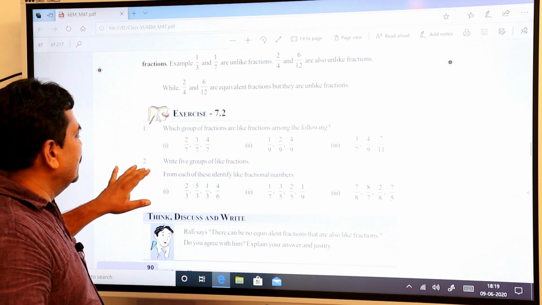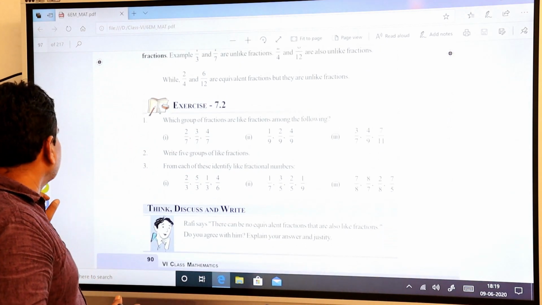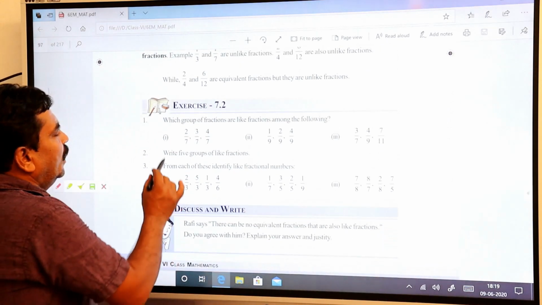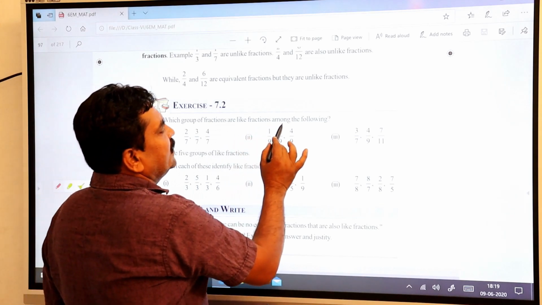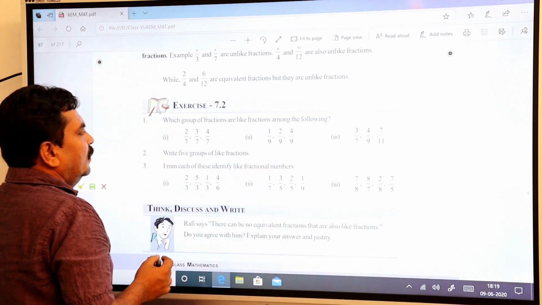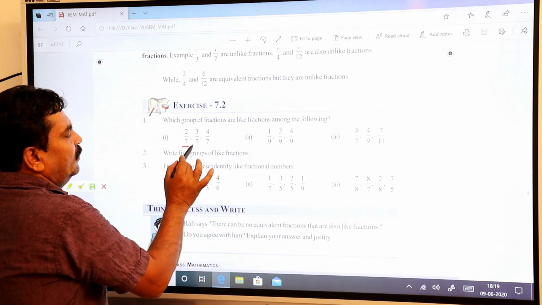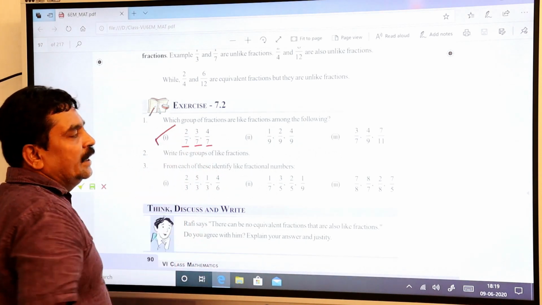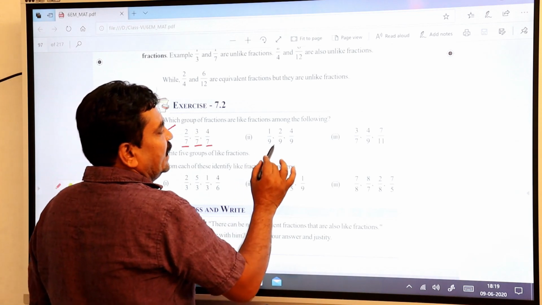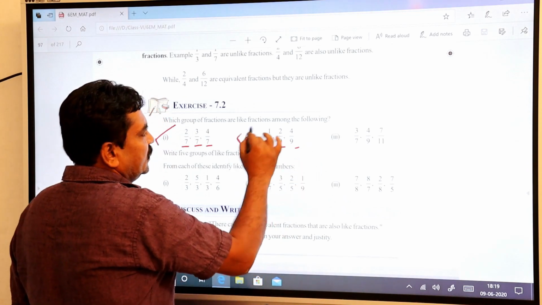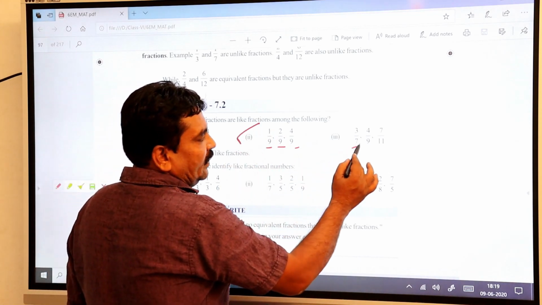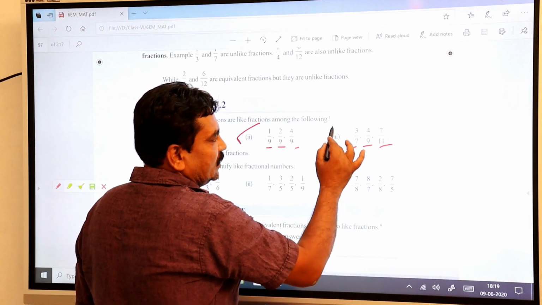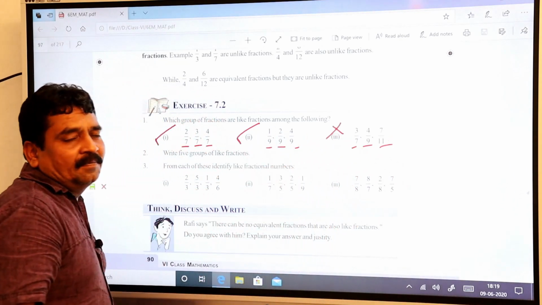Here in exercise 2, which group of fractions are like fractions among the following? You have denominators 7, 7, 7, so this is your like fraction. 9, 9, 9, same denominators, like fractions. But here one is 7, another is 9, another is 11, so this is not your like fraction.